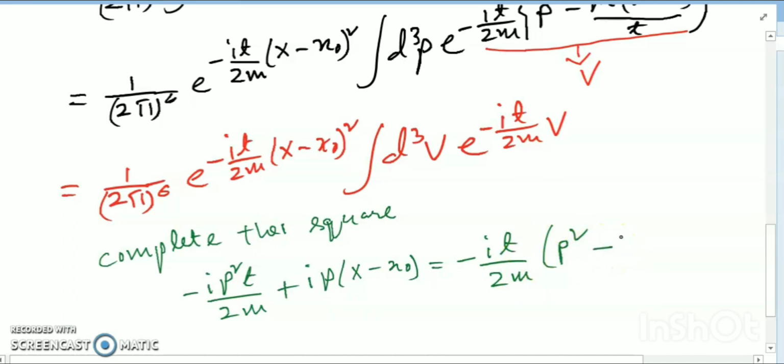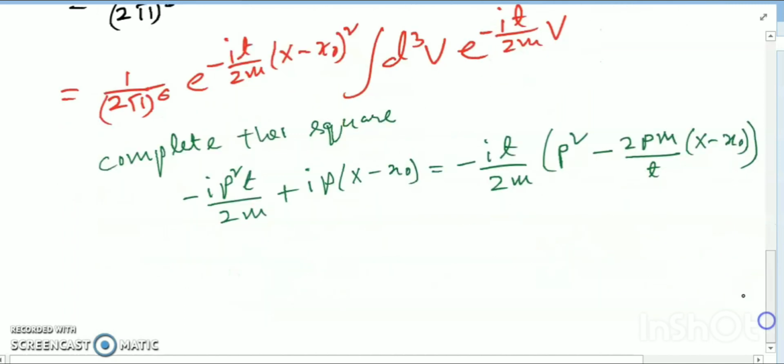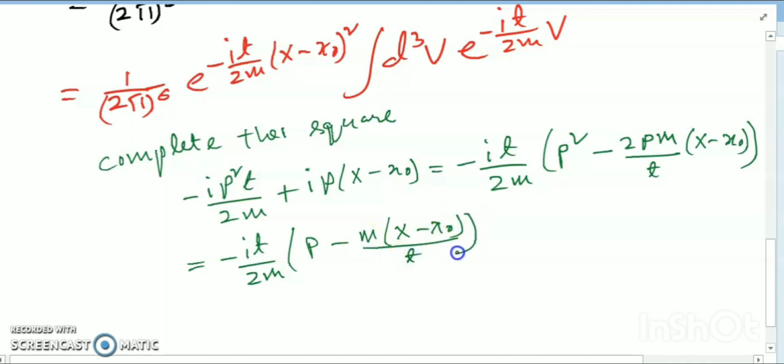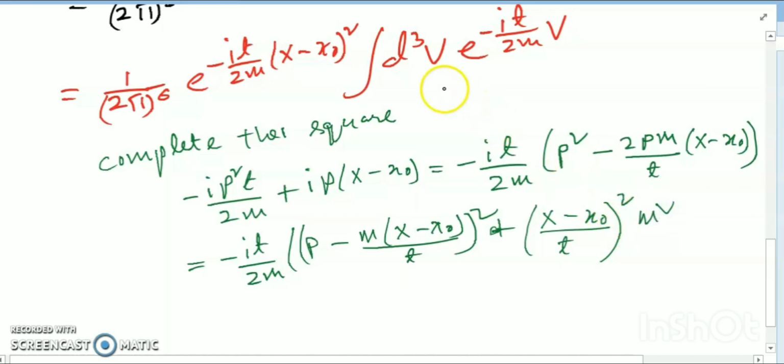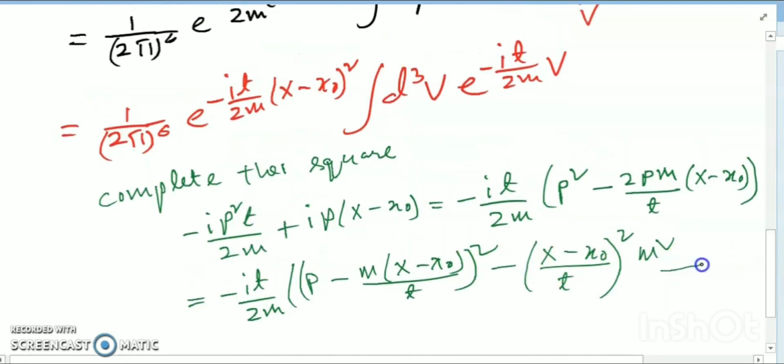Now just adding the square term, we can write minus it divided by 2m, p minus m into x minus x0 divided by t whole square, plus the remaining term. From these equations you can get the result x minus x0 whole square, divided by whole square into m square, which equals minus m square.